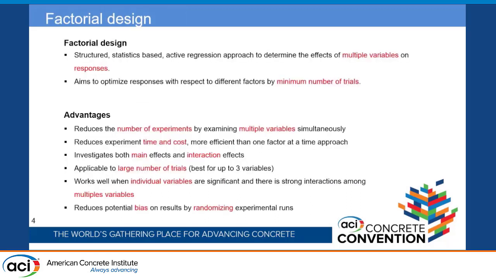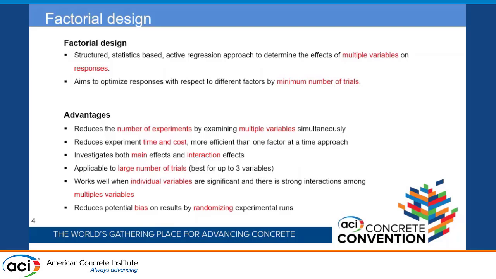So let's talk about factorial design. What's factorial design? Factorial design is a structured, statistics-based, and active regression approach to determine the effect of multiple variables on multiple responses. It aims to reduce the number of trials to figure out the relationship between the input variables and output variables.